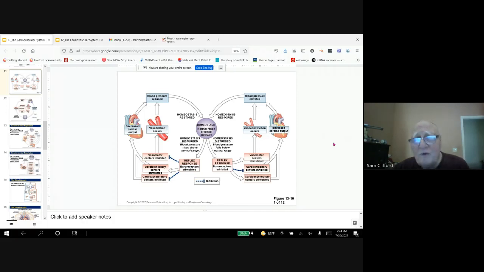Okay, so let's go through this again. So if blood pressure is reduced, it's going to take a process to cause the cardio inhibitory centers to respond.